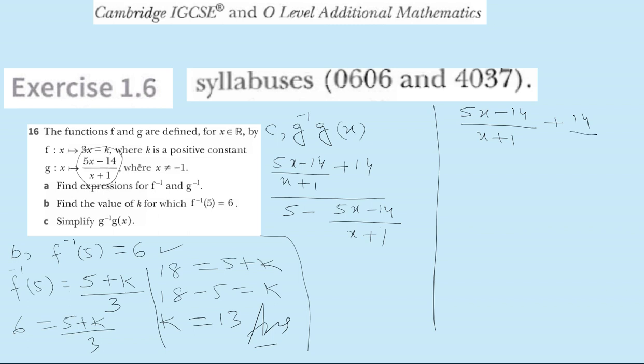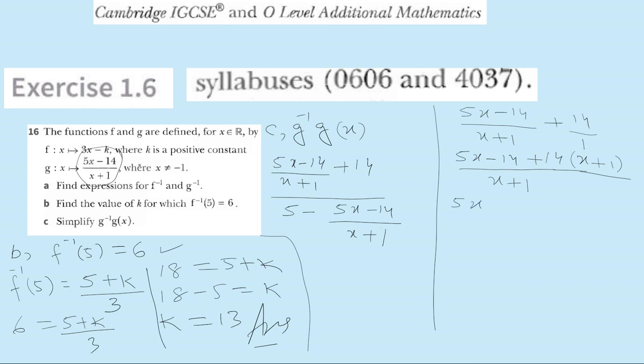The denominator is nothing other than 1. So we have to take the LCM x plus 1. X plus 1 cancels by x plus 1. The answer is 5x minus 14 plus this 14 multiplied by the denominator x plus 1.